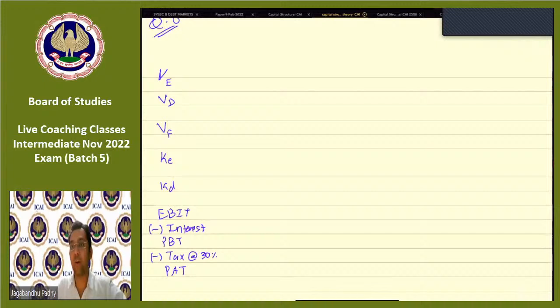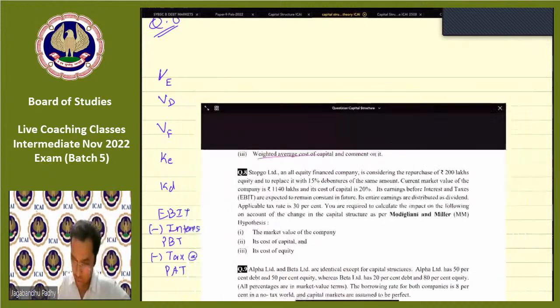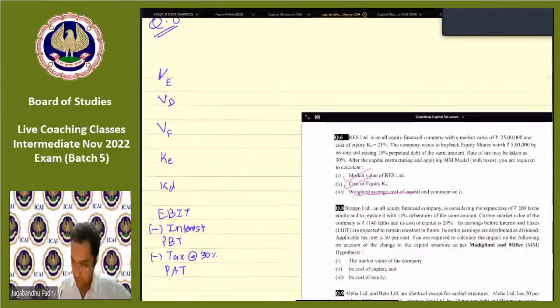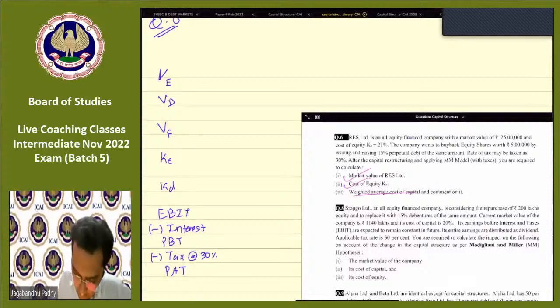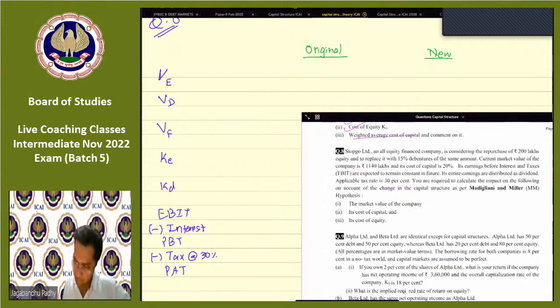Coming to the value of equity. In the first case, for Stopco Limited, we have the original and the new value. The current market value of the company is 1140.